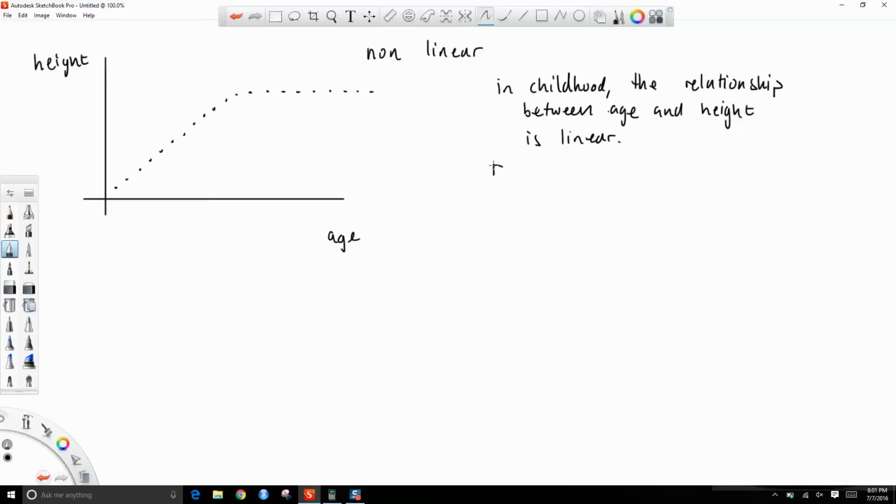But overall, the relationship is not linear. Okay, a single straight line does not describe the relationship.